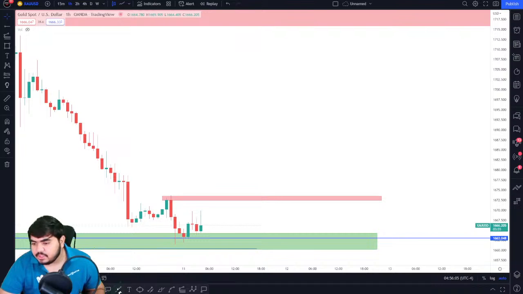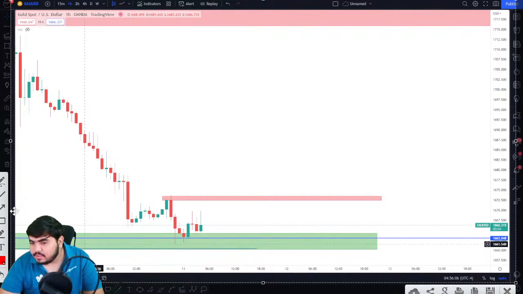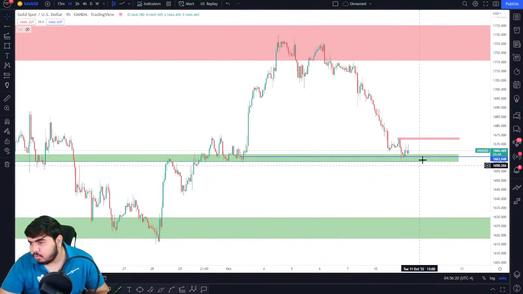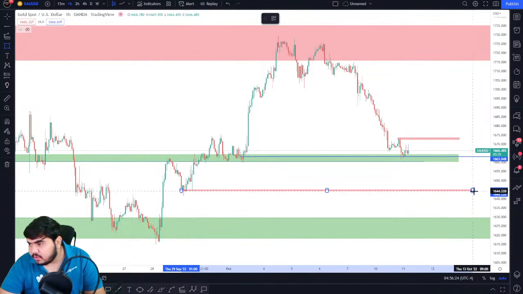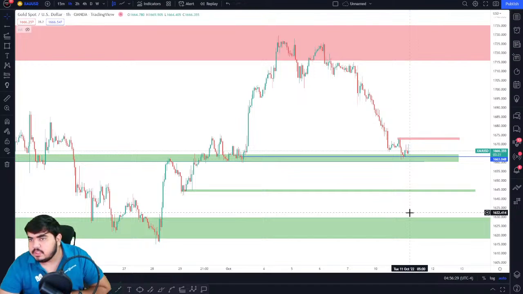Now if we see a breakout from this area of resistance, then we can look for a retest and then continuation higher. On the other hand, if the market broke below this support area, then the next support is going to be roughly around here. That is going to be the next key level of support on the gold.